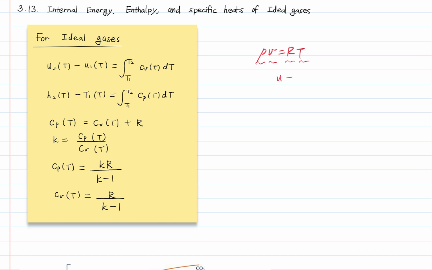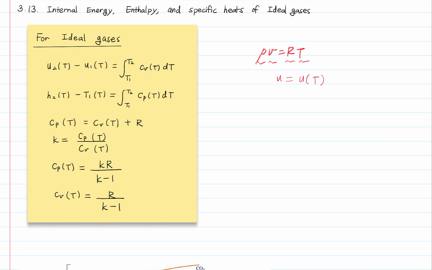The specific internal energy is a function of temperature only. That means at a given temperature, the specific internal energy can be determined. The relation between the internal energy and temperature can be found from the definition of constant volume specific heat.